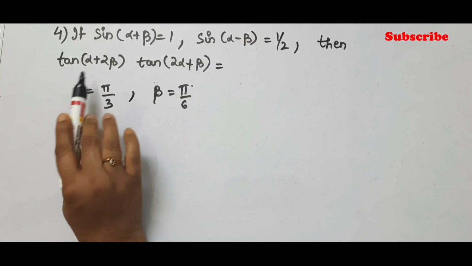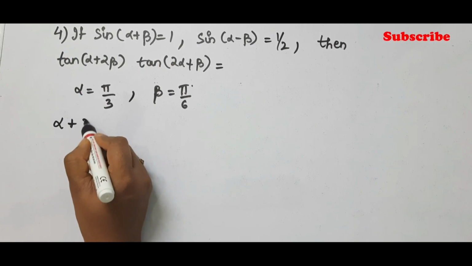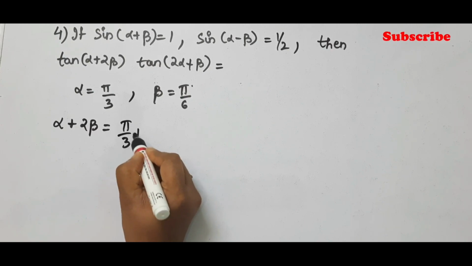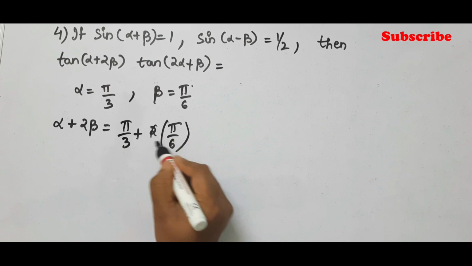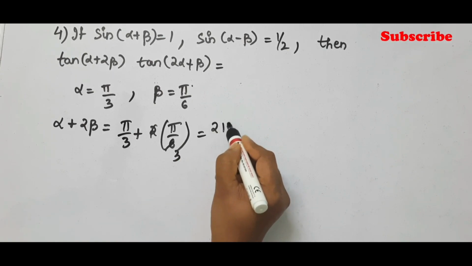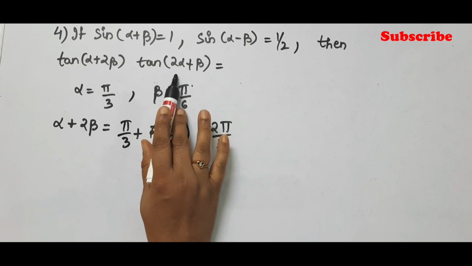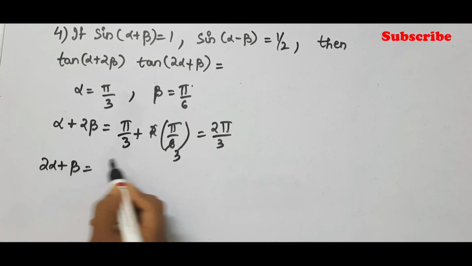Now we have to substitute these in alpha plus 2 beta. So let us calculate that. Alpha plus 2 beta is equal to alpha value pi by 3 plus 2 into beta, which is pi by 6, is it not? So 2 ones are 2 and it is 3, so pi by 3 plus pi by 3 is nothing but 2 pi by 3. Now let us calculate 2 alpha plus beta.